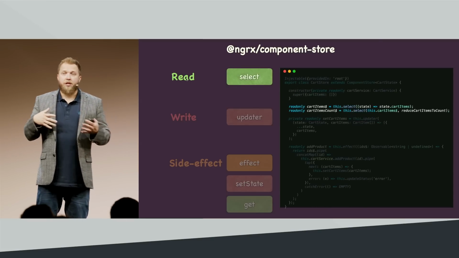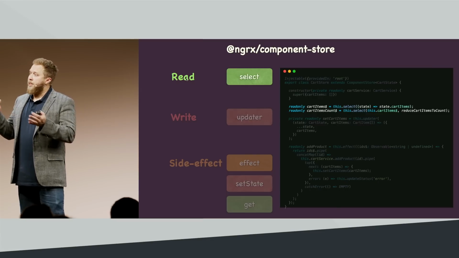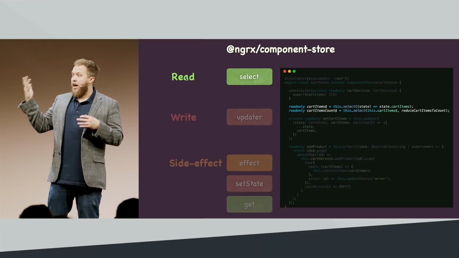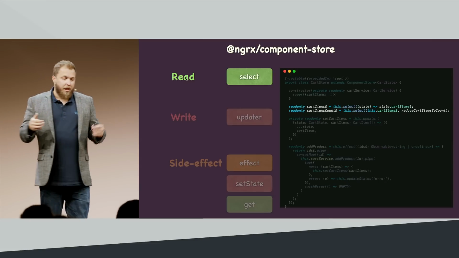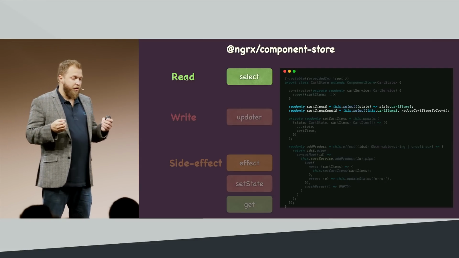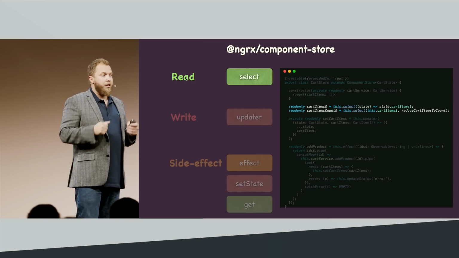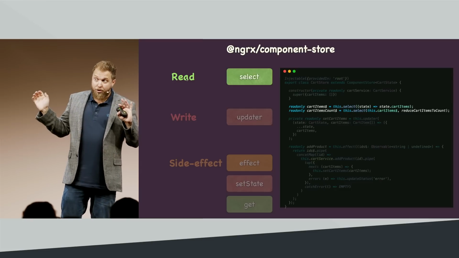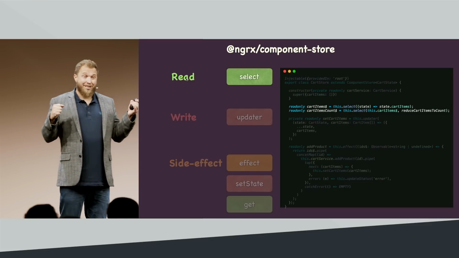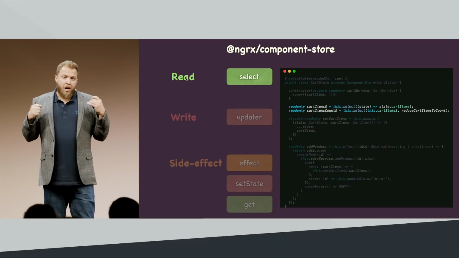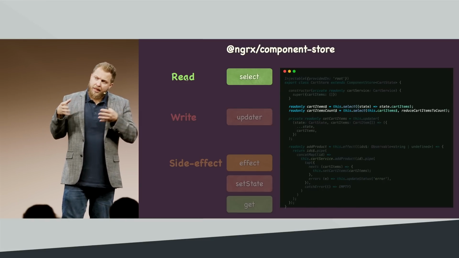Now, let's look at how we read the data. Because we extend the ComponentStore class, it gives us a few helper methods. One of them is select. The first one you see there, we're exposing a read-only property for consumers of the ComponentStore to use. They can subscribe to that. That would be an observable of cart items. The way we get it is we say, hey, we want to select it.